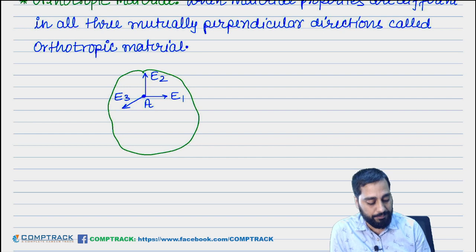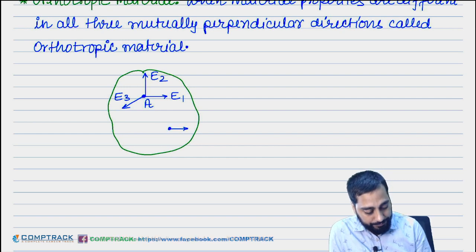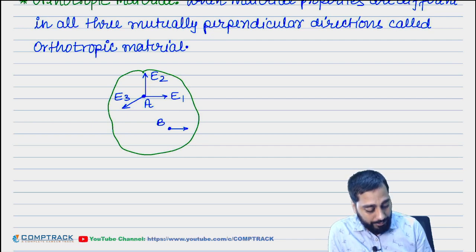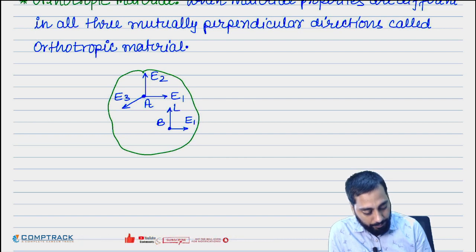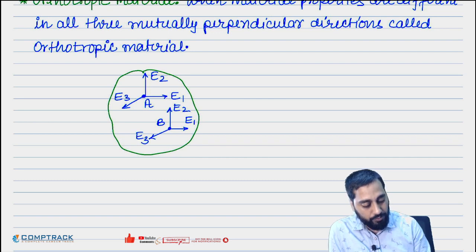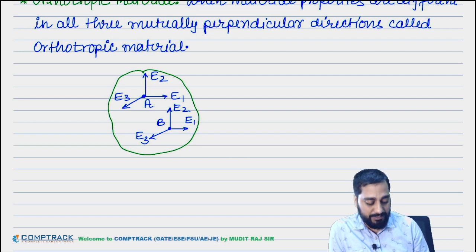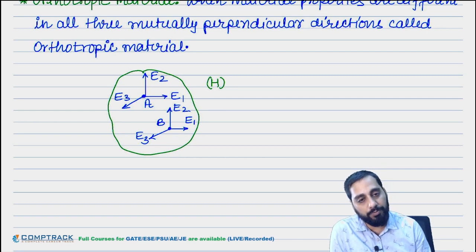And let's say at point B, in x direction, property is E1, here the property is E2, here the property is E3. So what type of material is this? Homogeneous है कि नहीं है? Yes, this is homogeneous material, because at all points in the same direction, property is the same.